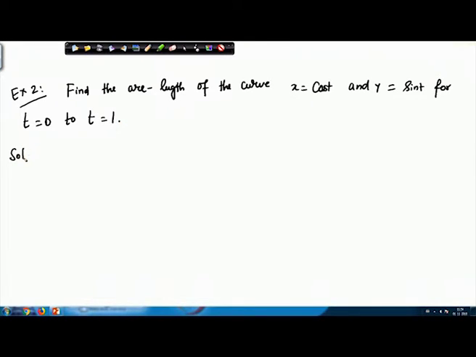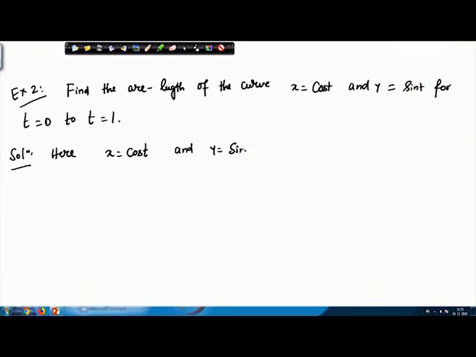Here also, not only do we know this curve, we also have all the vital information to calculate the arc length. So here we have x equals cos t and y equals sin t.